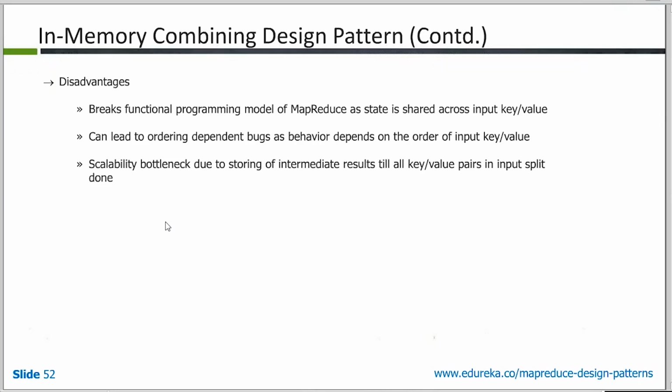This can lead to ordering-dependent bugs, as behavior depends on the order of the input key value pairs. It also creates a scalability bottleneck due to storing of results till all the key value pairs in the input split are done.